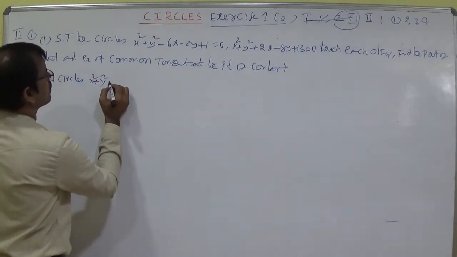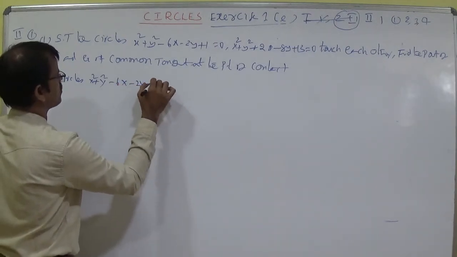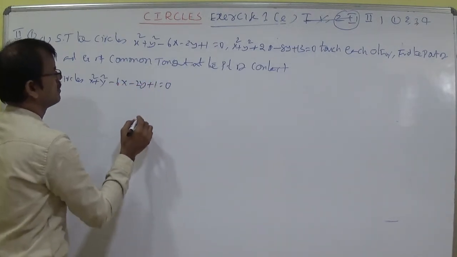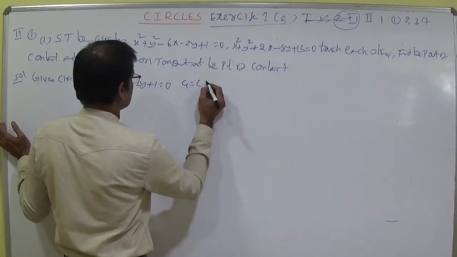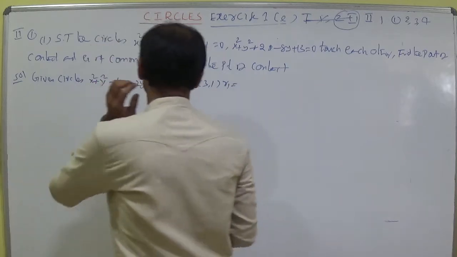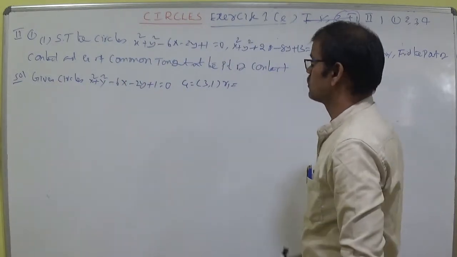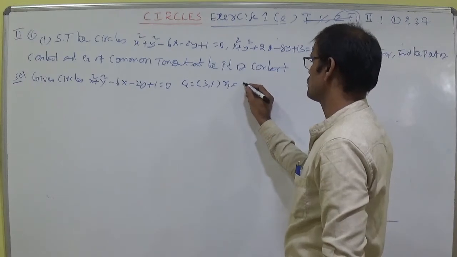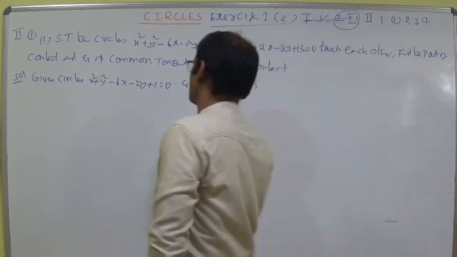First one, x square plus y square minus 6x minus 2y plus 1 equal to 0. Let us discuss here C1, R1. C1 equal to (3, 1), R1 equal to root of 9 plus 1 minus 1.